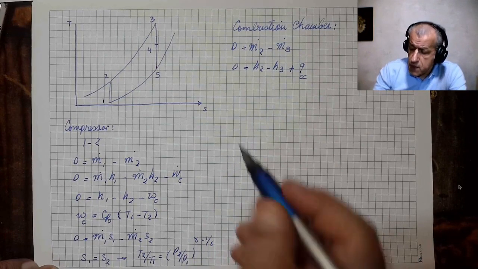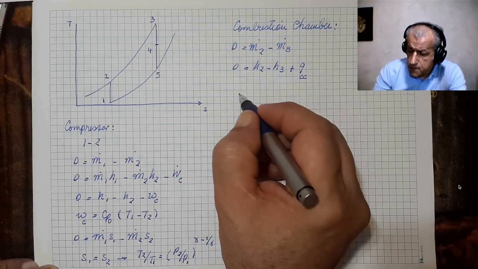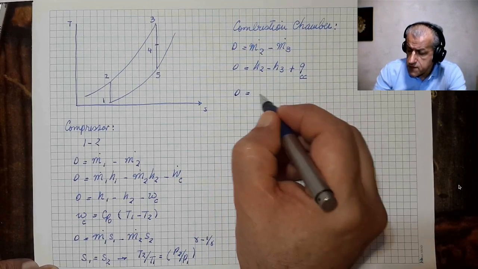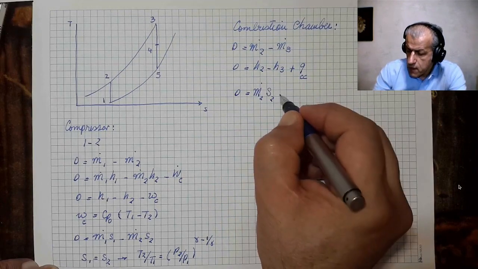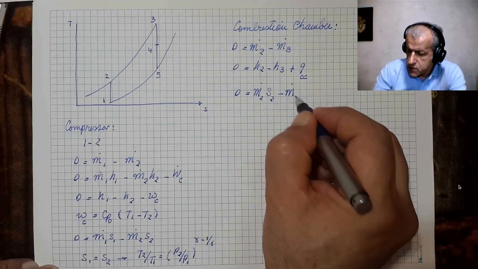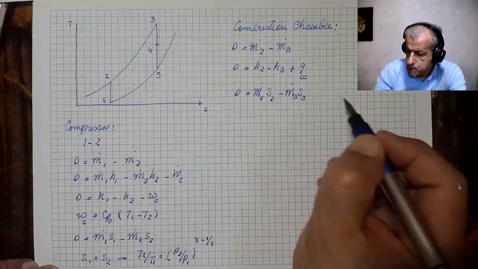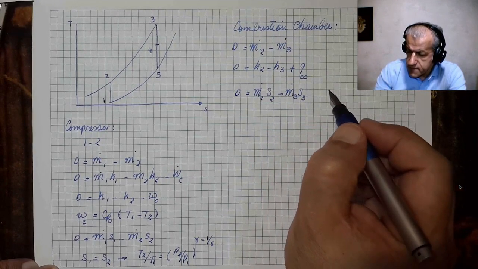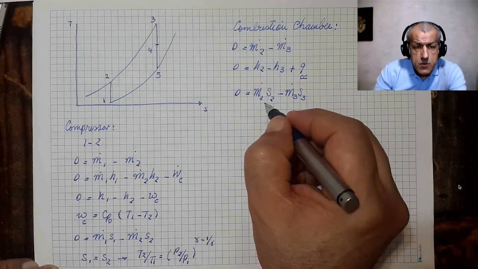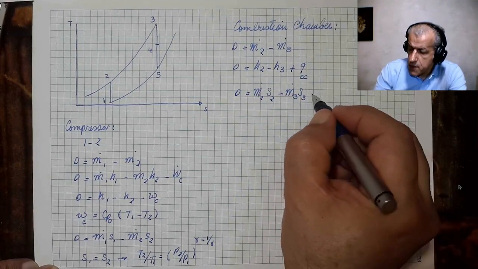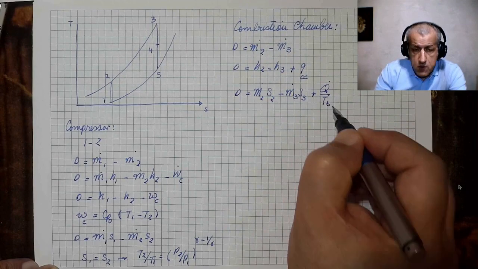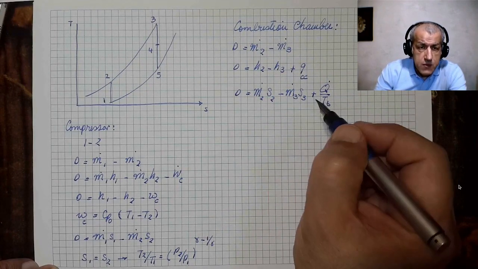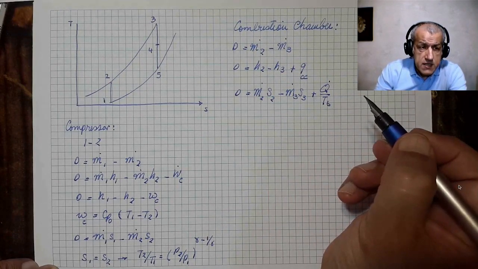Well, the second law of thermodynamics is 0 equals m dot 2 s2 minus m dot 3 s3, that is the incoming entropy minus outgoing entropy, plus Q dot over T_E, which is the heat added, since there is heat transfer.